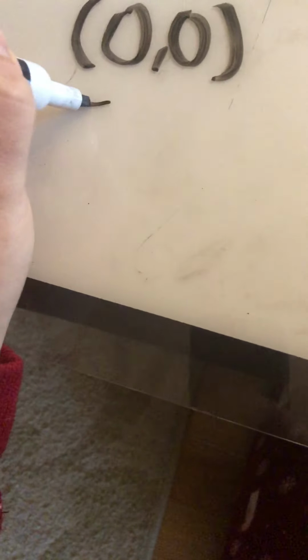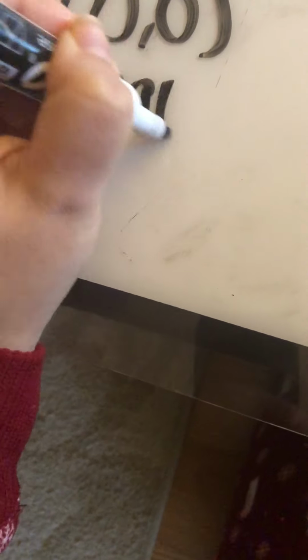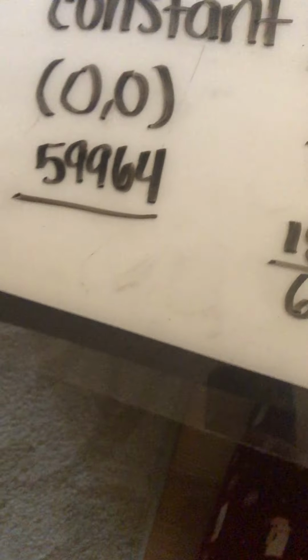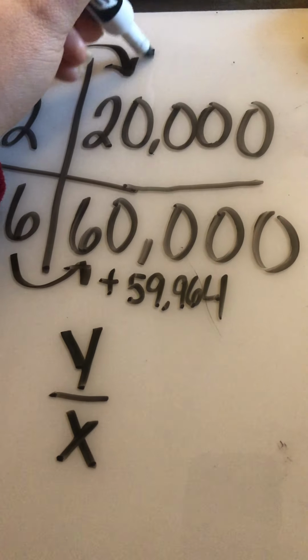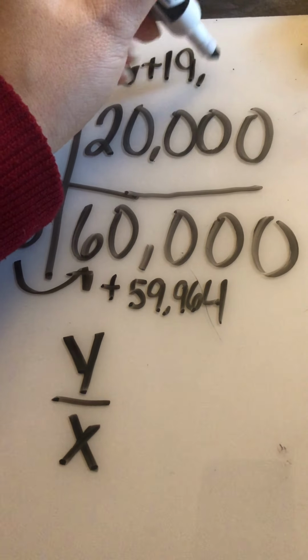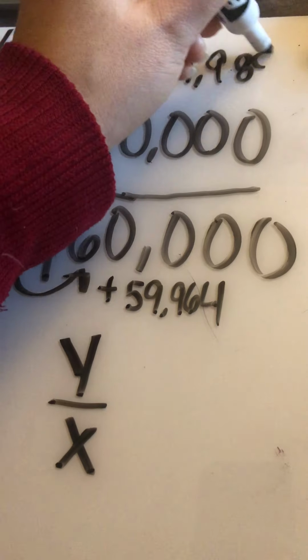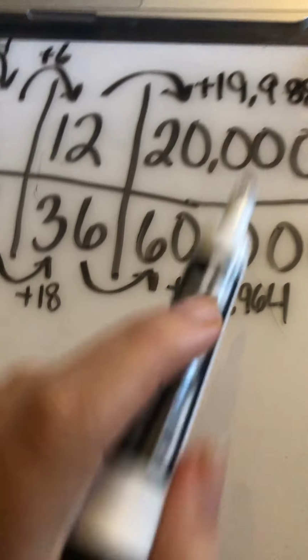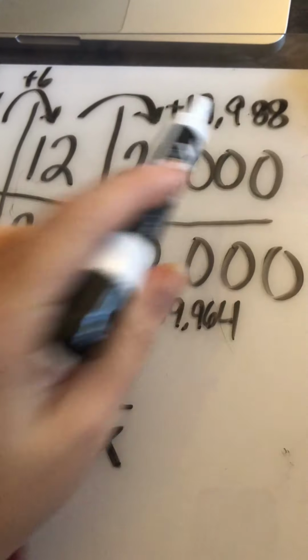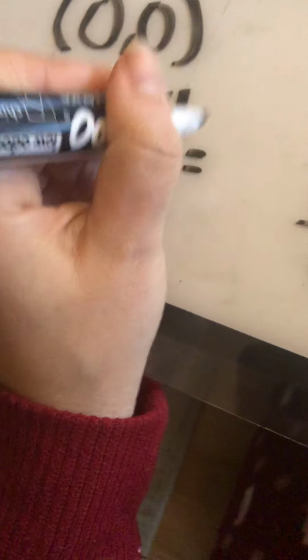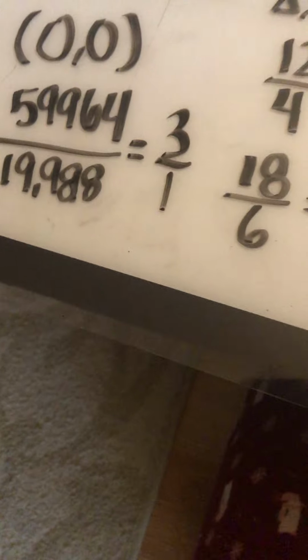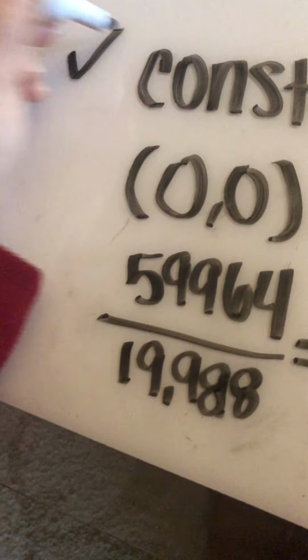I'm going to put that over the change in the x from 12 to 20,000, which would have been plus 19,988. I just did this minus that to figure that out in case you were wondering. Believe it or not, when this one's simplified, it also comes out to 3 over 1. So we can say that yes, there is a constant.